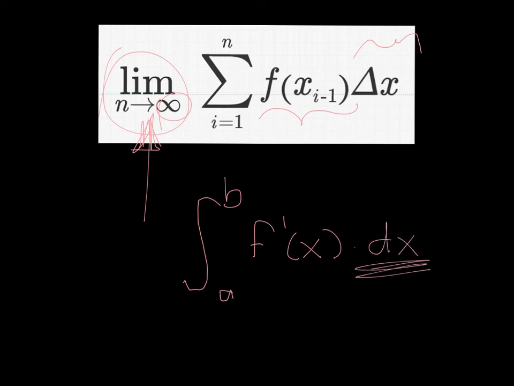The smaller dx is, the more rectangles we have. So this is what Riemann did, and I hope you have understood it.